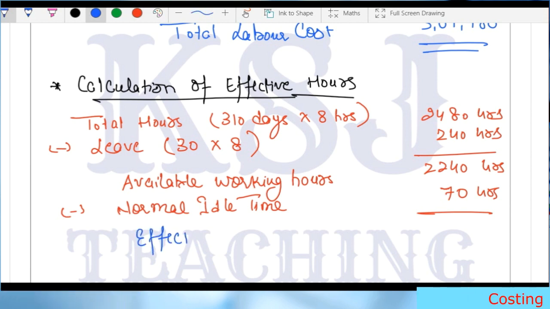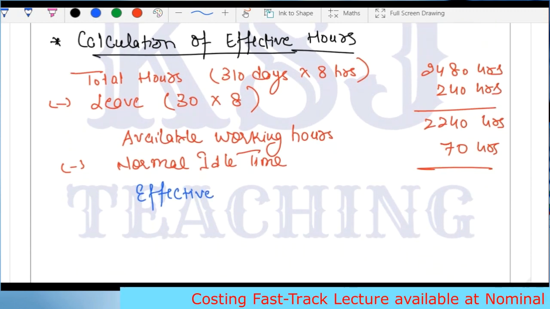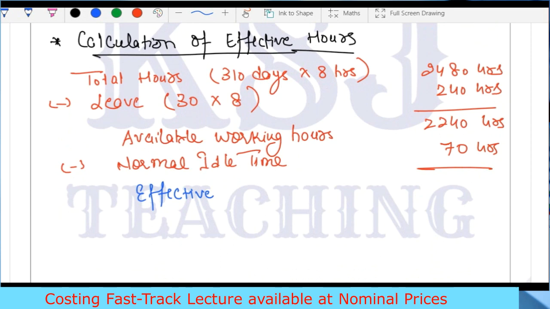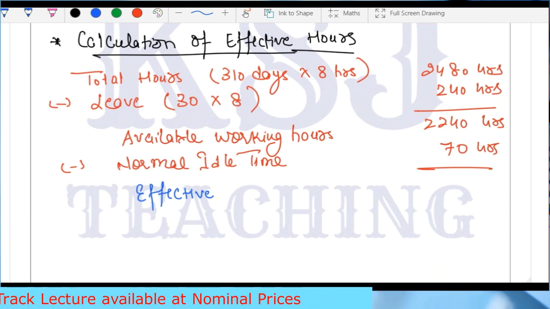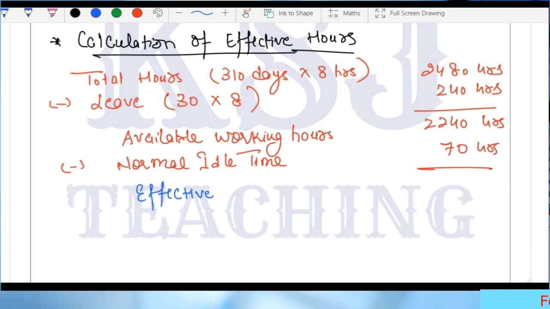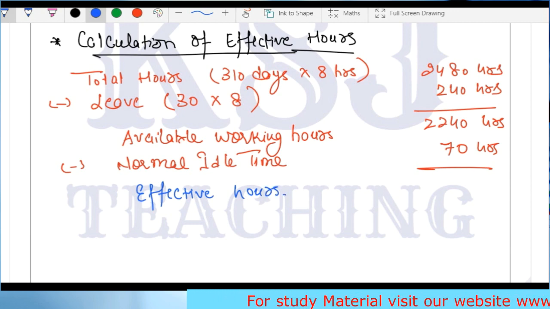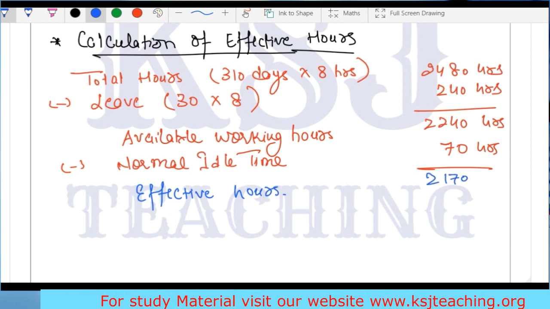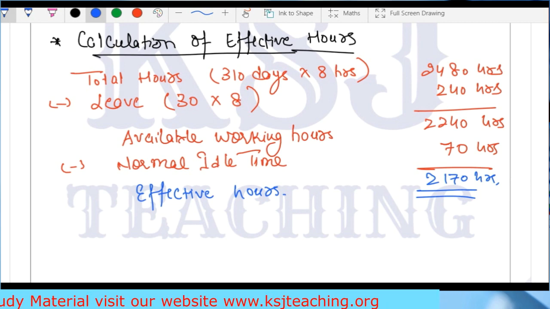Sir, we will not subtract the abnormal idle time, because any abnormal idle time cost will directly go where? It will directly be taken to costing profit and loss account. Those hours will not be subtracted from effective hours, right? Effective hours is how much? 2170 hours.